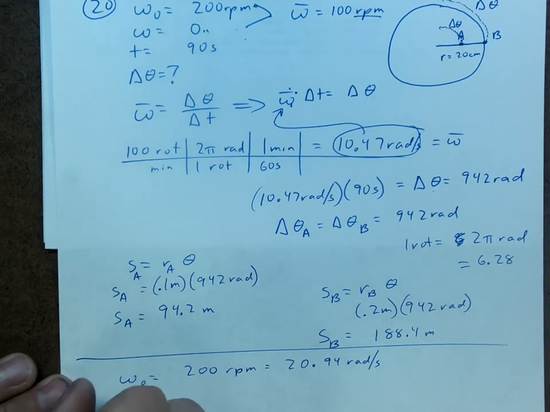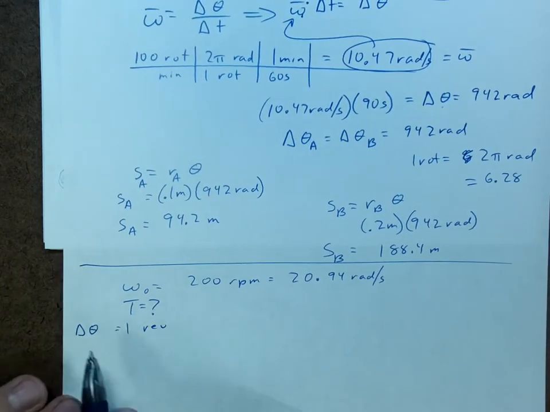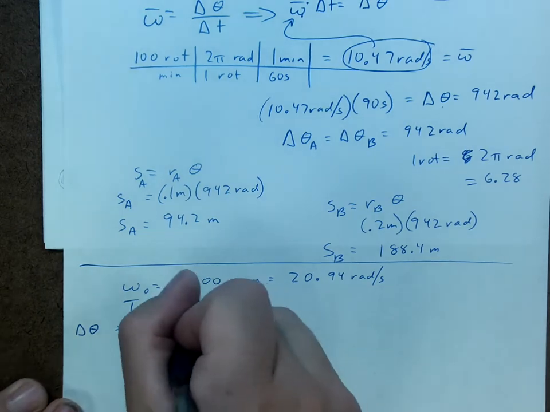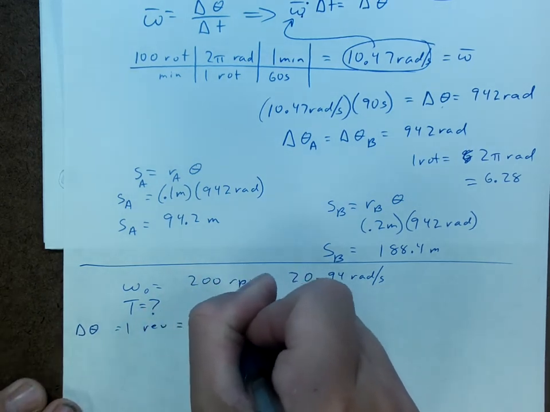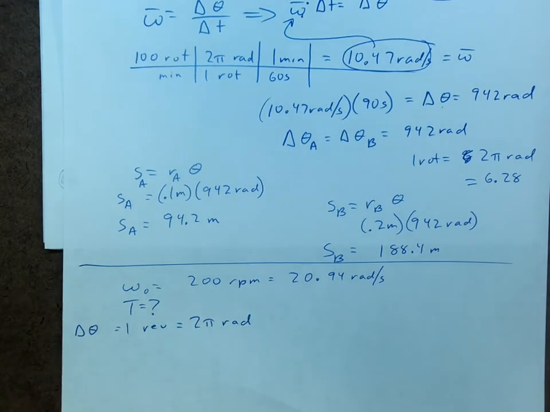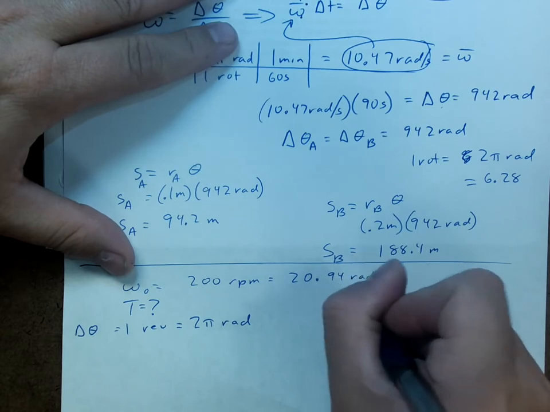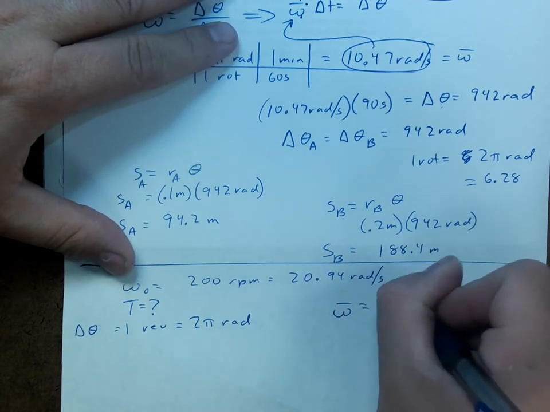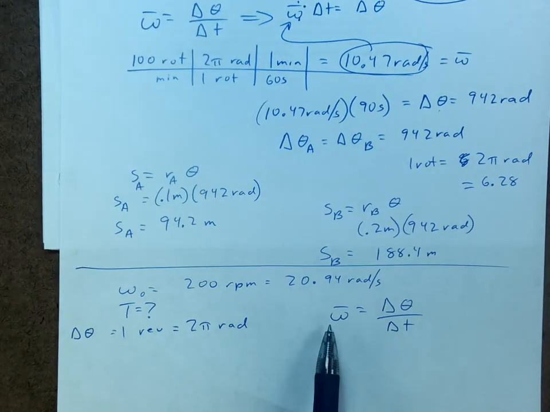One revolution is an angle measurement. So our angular displacement is one revolution. It might be better to think of that in terms of radians, which would be 2 pi radians. We know the angular velocity equals the angular displacement divided by the time. That's our definition for average angular velocity.